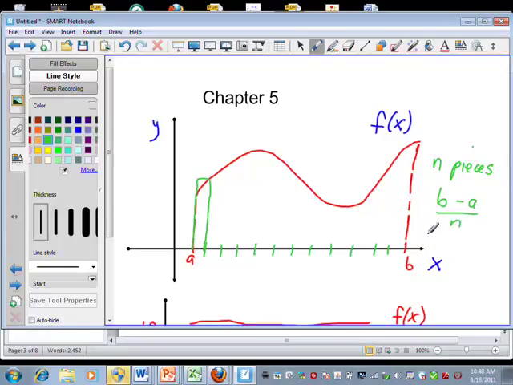N of them. That's the length of each one. We call that delta x. Is that okay?